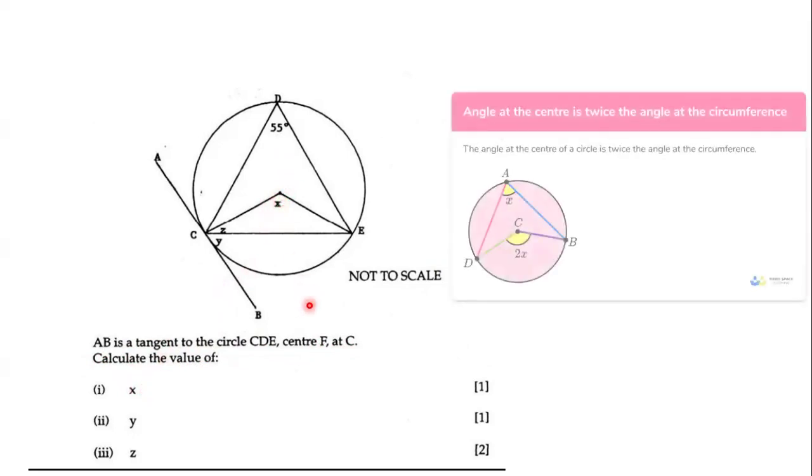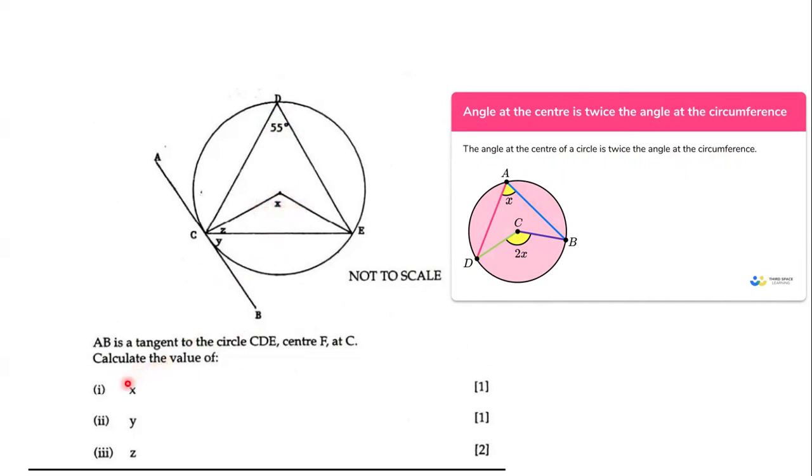Now notice that this theorem states that the angle at the center of a circle is twice the angle at the circumference. If the angle at the circumference is X, then the angle at the center is 2 times X. Here we have the angle at the circumference, which is 55 degrees, and we need to determine the angle at the center.